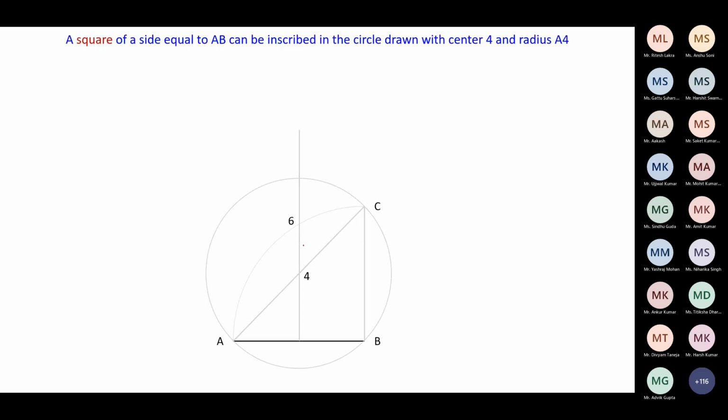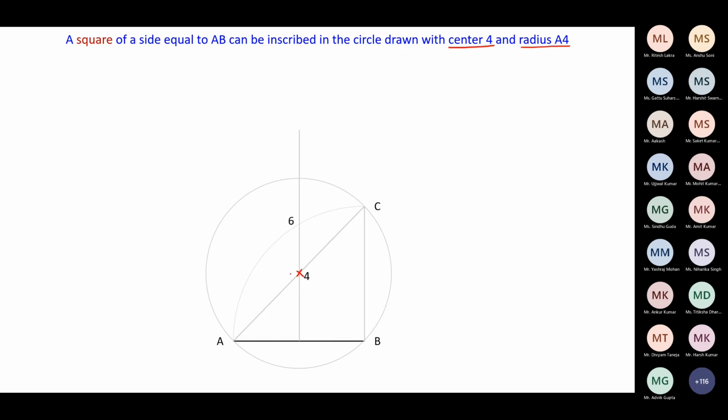As we already know, we have the basic construction ready, right? AB, point 4 and point 6. Now what we do here, we draw one circle with center 4 and radius A4. Center 4 and radius A4.